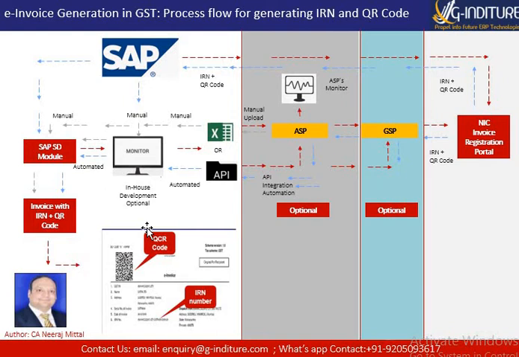Now if you go through your ASP, the benefit is that you get monitors and reports pre-built on SAP, which the ASP providers provide. The drawback is the costing. If you are integrating through APIs, there are API charges for the ASP as well.